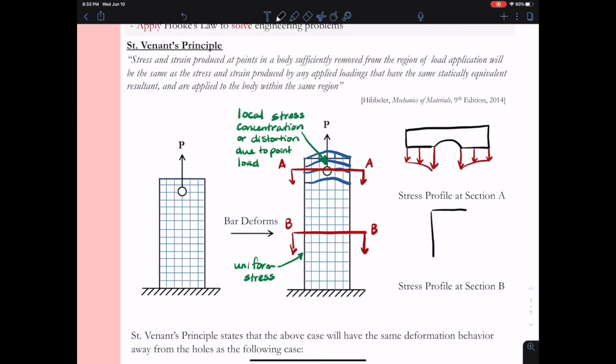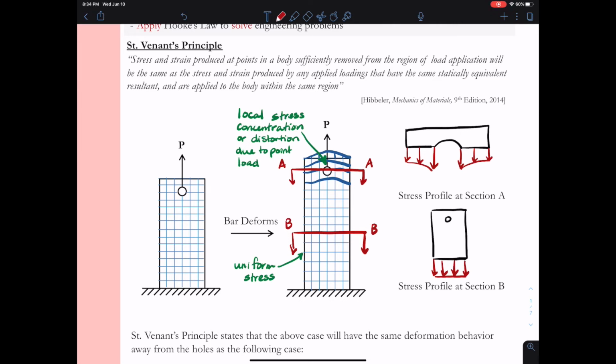This is what we call uniform stress. And so if I was to make my free body diagram of this section, I would see one kind of constant value of stress. And so luckily most engineering problems fall into this category, that once we move away from the local stress, localized to where the forces are applied, we assume that we have uniform stress conditions.